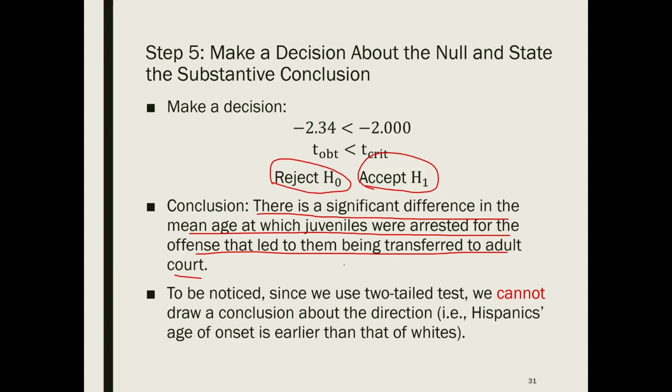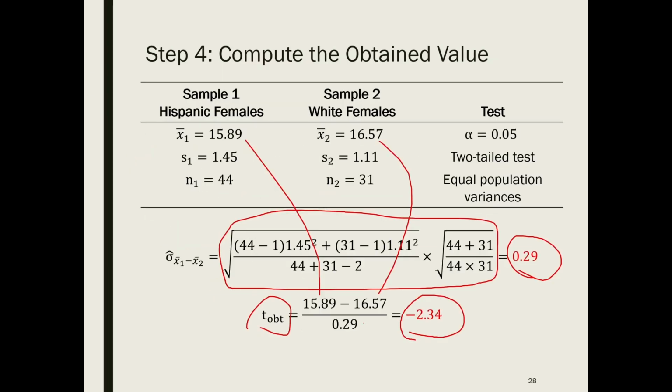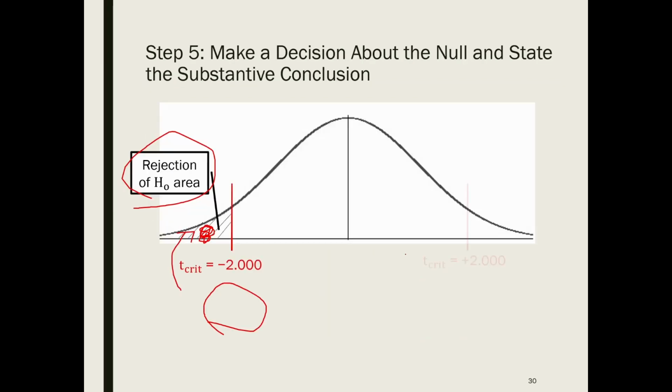Okay, so to be noticed, one thing is that we use a two-tailed test. We cannot really draw a conclusion about the direction. Even if you see that the Hispanics' age of offense is earlier than the white juveniles' based on the mean, you can't really say it in your conclusion.